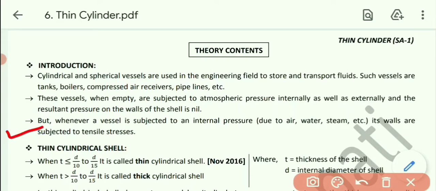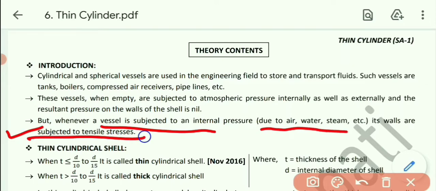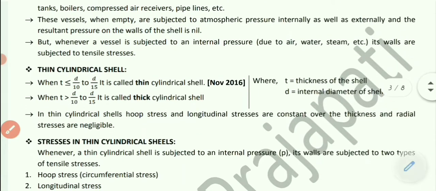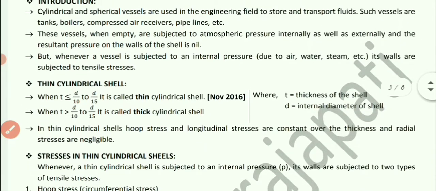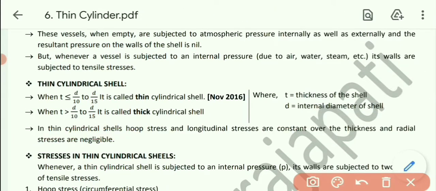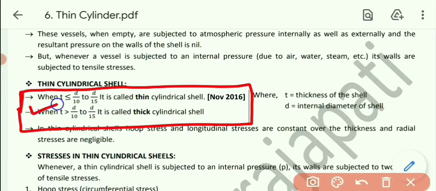But whenever a vessel is subjected to an internal pressure due to, we can say, air, water, steam, etc., its walls are subjected to tensile stresses. Now two kinds of cylinders are there, thin cylinder and thick cylinder. The condition for a thin cylinder shell is when the thickness is less than or equal to d by 10 to d by 15.